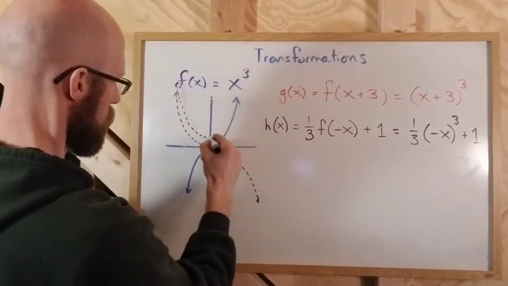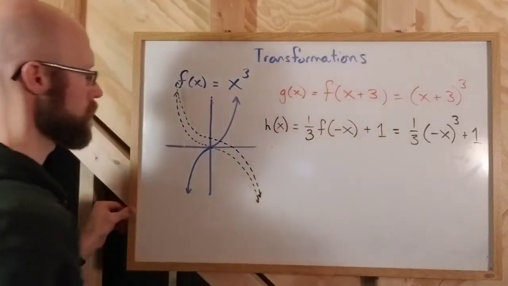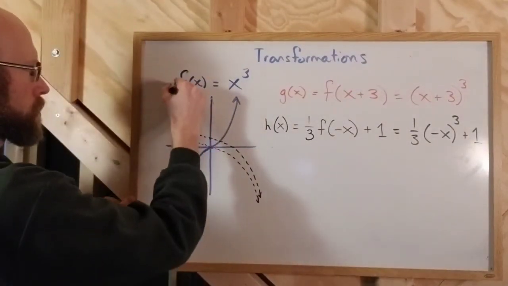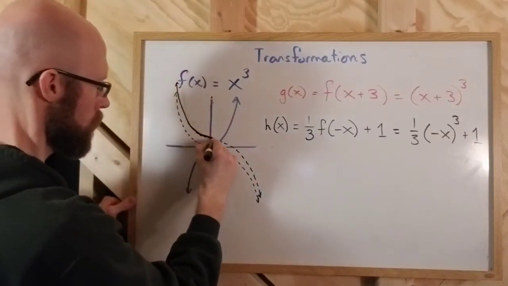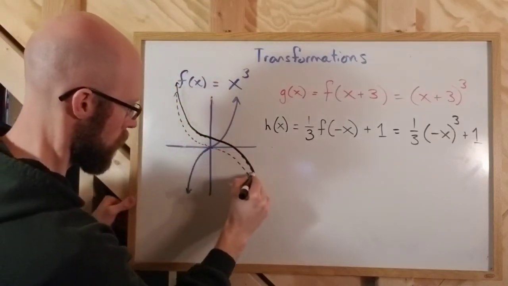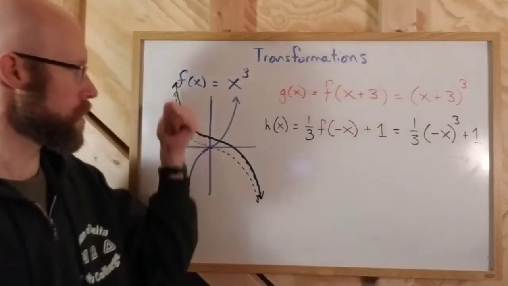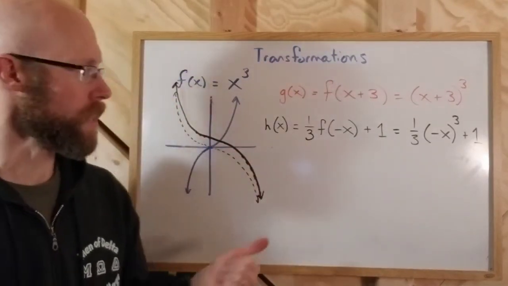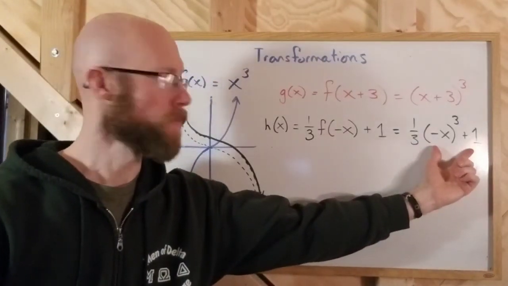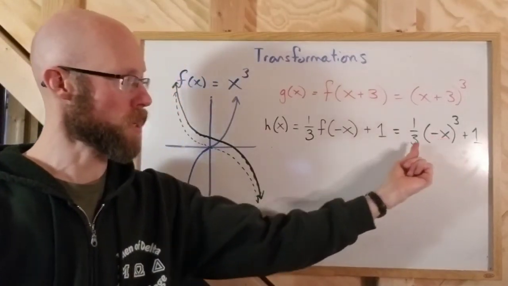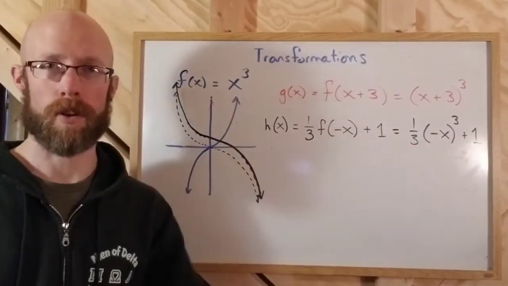There we go. And there it is. Oh, I was going to do that one solid, wasn't I? Final graph is solid, so there it is. Okay, so that black one, solid black, is the graph of this function here with a horizontal reflection, a vertical compression, and a vertical shift.